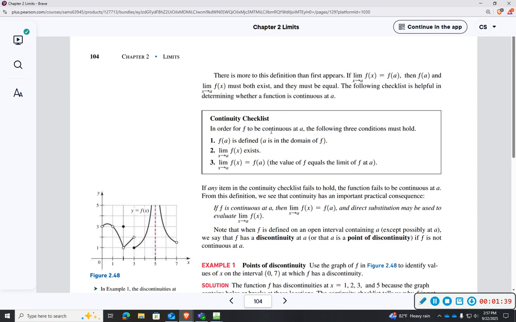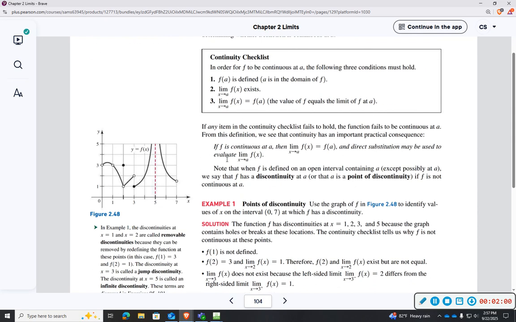In order for f to be continuous at a, these three conditions must hold. f of a is defined, so you get some value. Then the limit as x approaches a exists, and the limit as x approaches a is equal to f of a. So you get all of these different pieces working at once if it's continuous.